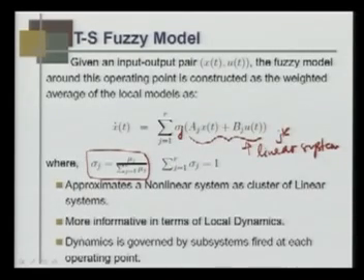So, the advantage of fuzzy system is that it is more informative in terms of local dynamics, because I can look at a nonlinear system in terms of linear systems. Dynamics is governed by subsystems fired at each operating point.